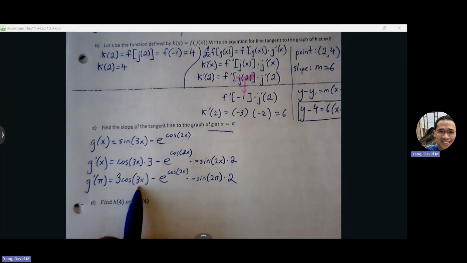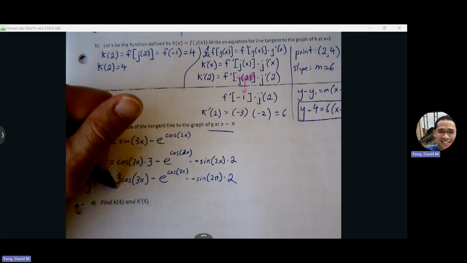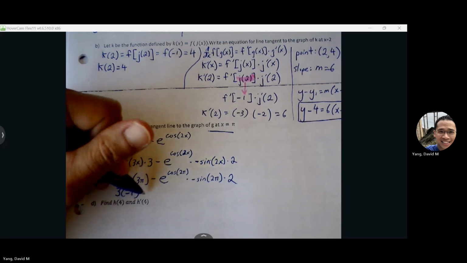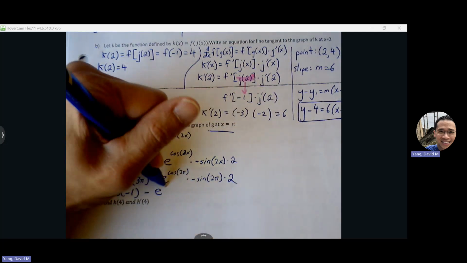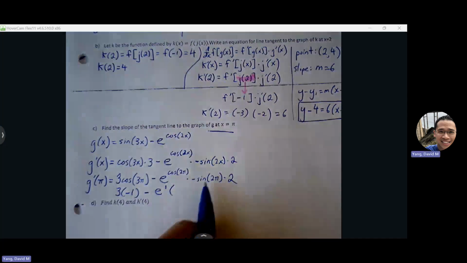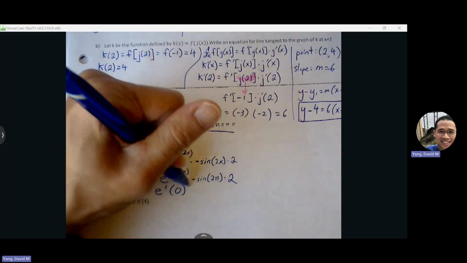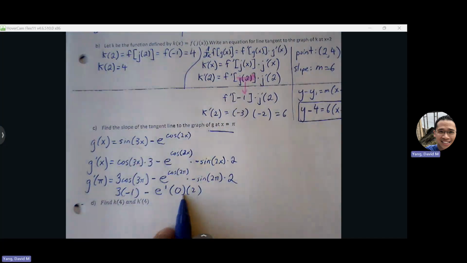Okay, cosine of 3 pi is the same as cosine of pi. So that's just going to be cosine of pi is negative 1. And then cosine of 2 pi, that's going to be 1, right? Cosine of 0 is 1, so minus e to the first power. But then sine of 2 pi is 0. And 0 times anything is 0. So that's going to wipe out my entire second term.